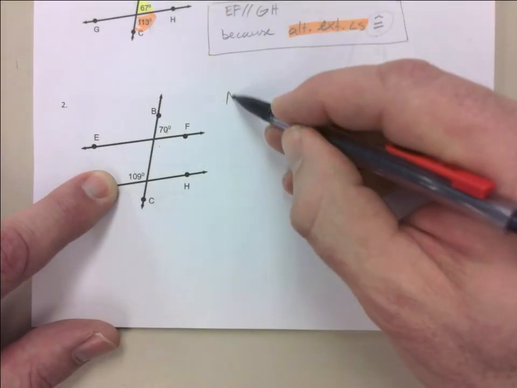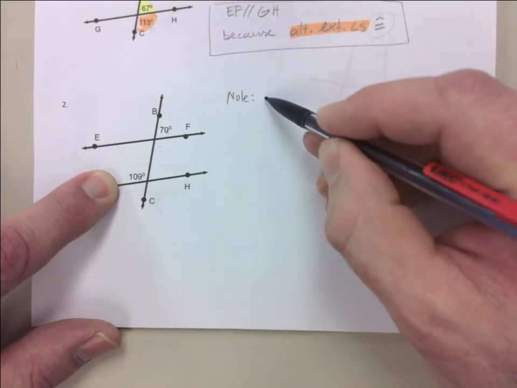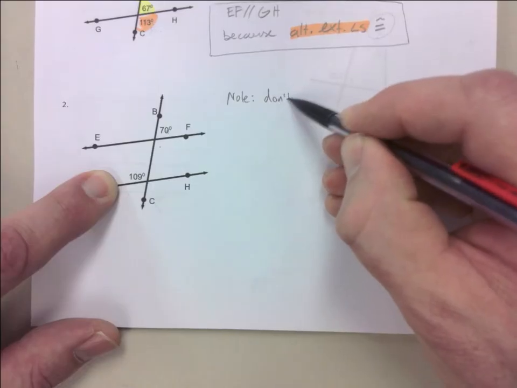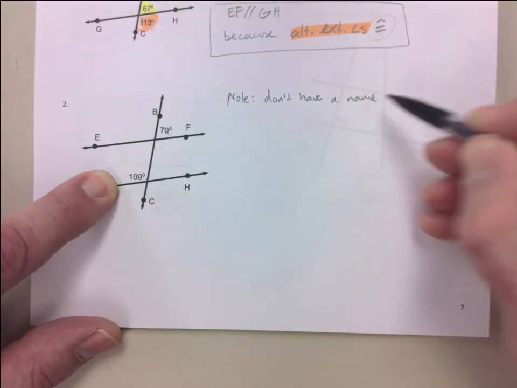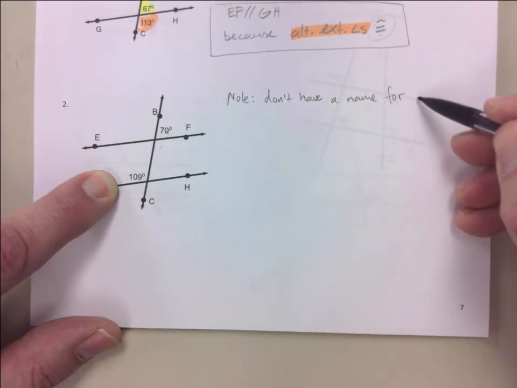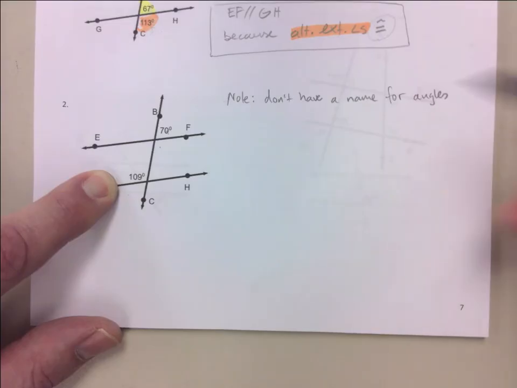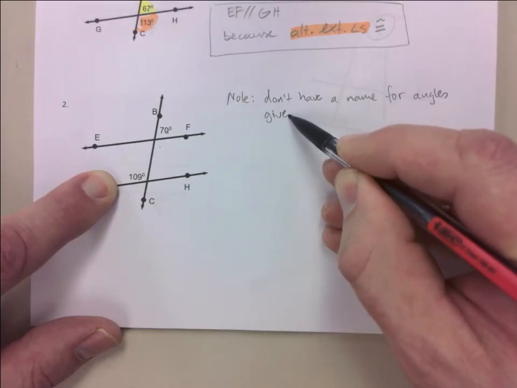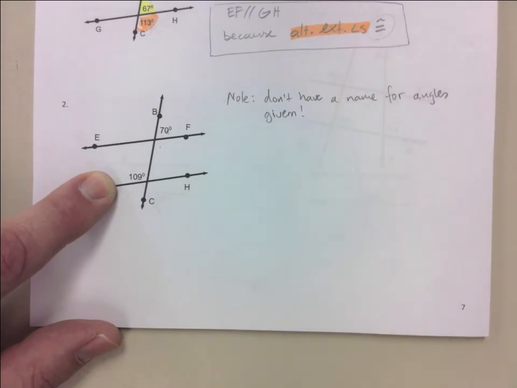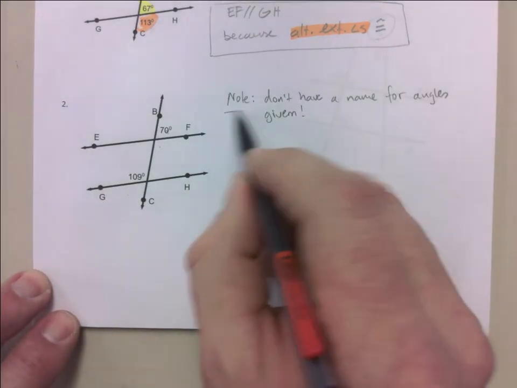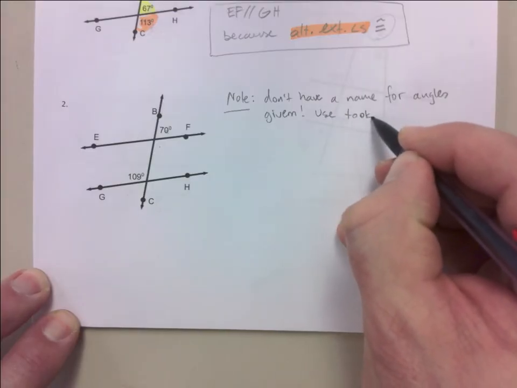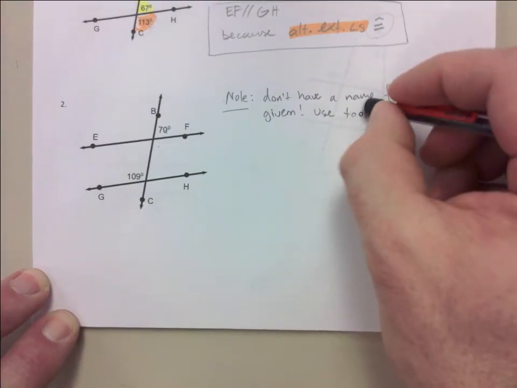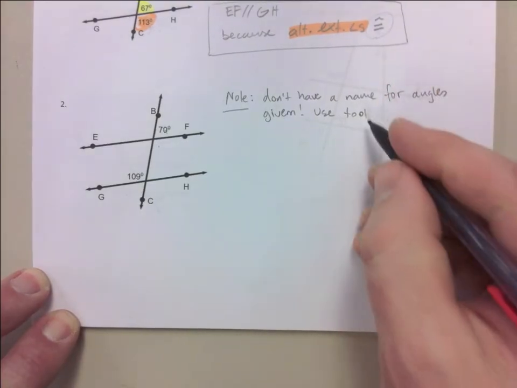So note: don't have a name for angles given. So what are we going to do? Use the toolkit.